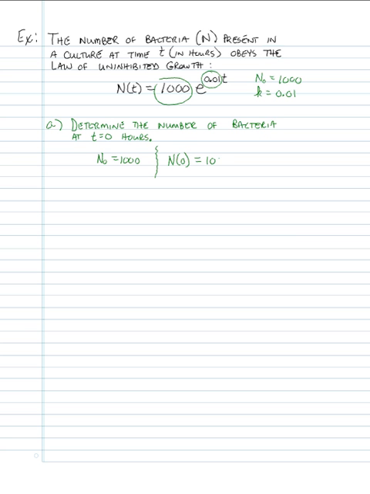And so we would calculate, well, that's 1,000 times e to the power 0.01 times 0, our t is 0. But now, 0.01 times 0 is just 0, so this is 1,000 times e to the power of 0. And of course, e to the power of 0 is just a 1, and so we have 1,000 times 1, or 1,000. That's the reason it works the way it does.